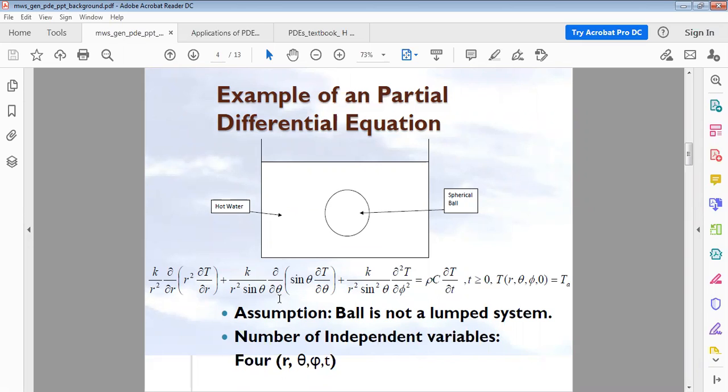This is the heat equation, which is a partial differential equation. We are using this just as an example. Assumption: the ball is not a lumped system. Number of independent variables is 4. How many independent variables here? Actually 4: r, theta, phi, t.